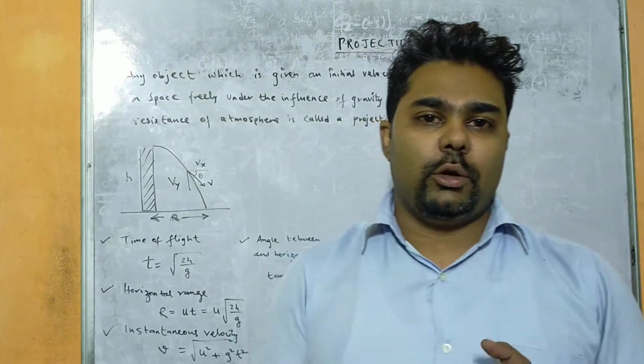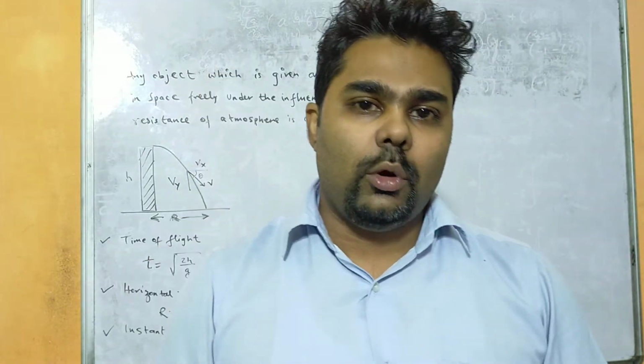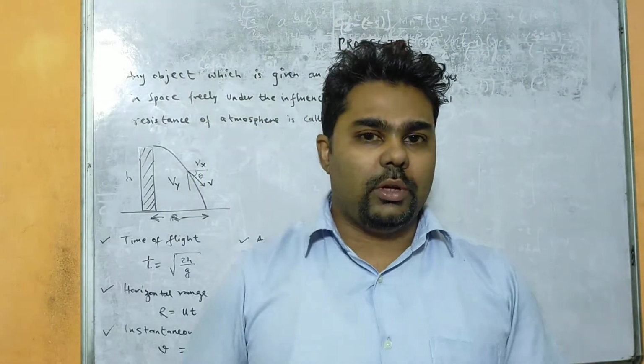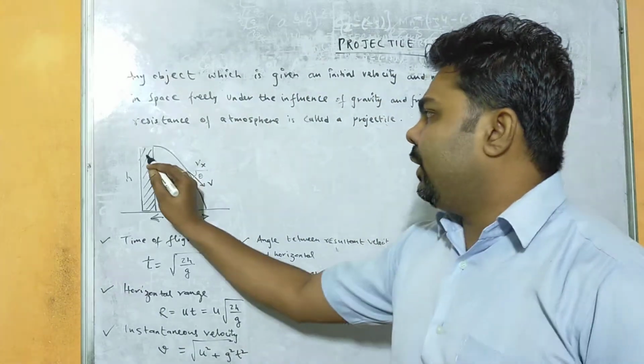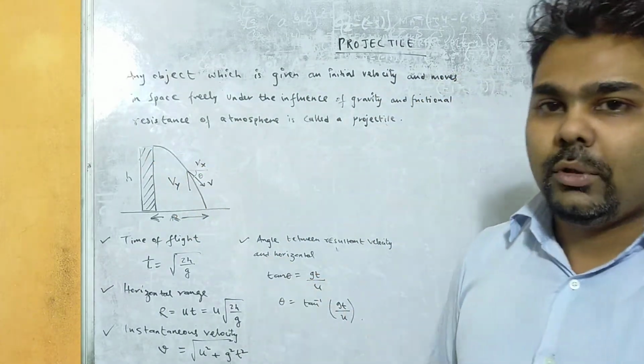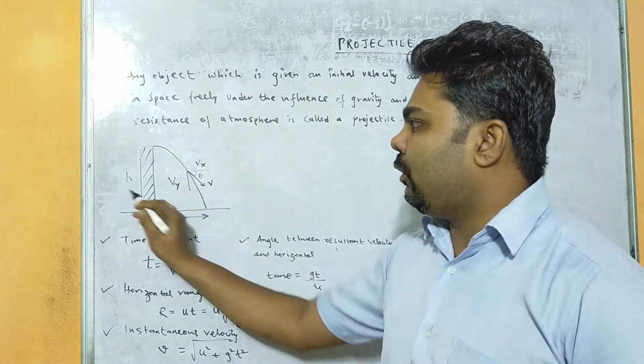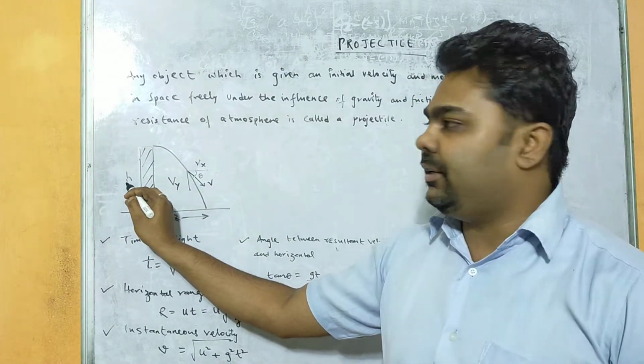Now when you throw an object, there can be two possibilities. Either you are throwing that object from a certain height, or you are throwing that object from a horizontal plane, right? So in the first case, you are throwing an object from a height, and h is the height here.